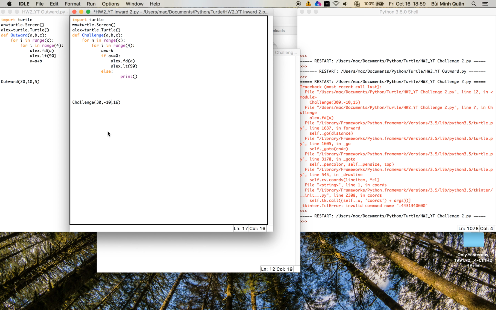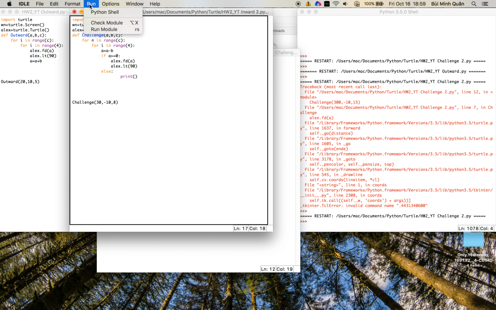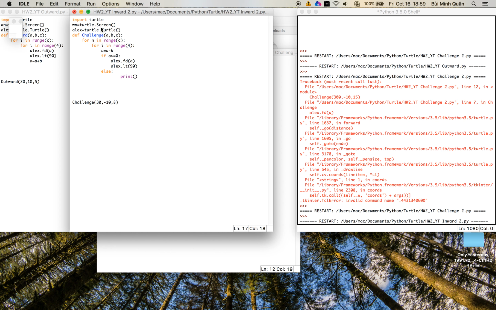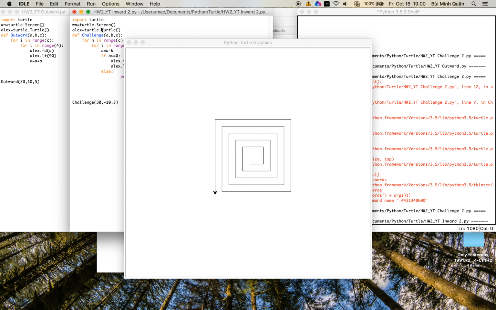Okay, 16 is too long for me, so why not 8? Yeah, and it becomes the outward. Beautiful.